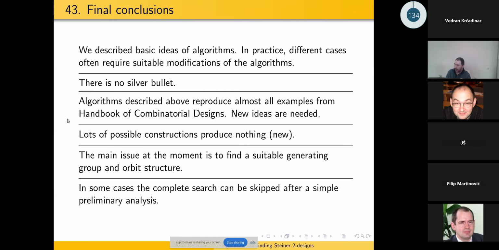And in some cases, the complete search can be skipped after a simple preliminary analysis. This means that sometimes the structure of the space, or the structure of the group, forbids the existence of a design admitting this group F as a subgroup of the automorphism group.